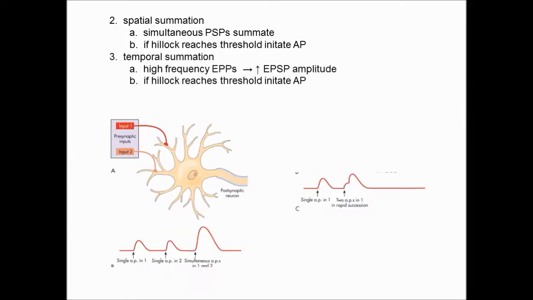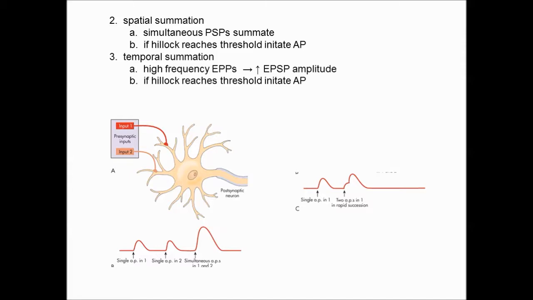Also, there's the same type of integration that occurs in muscles that we talked about before, both spatial and temporal summation. If you have two EPSPs from two different neurons, input 1 and input 2, individually they could not reach threshold, but when summed, they could potentially reach threshold. That's spatial summation.